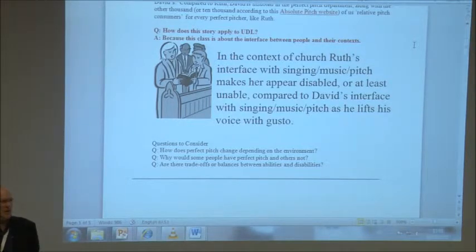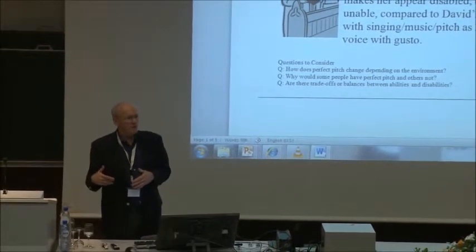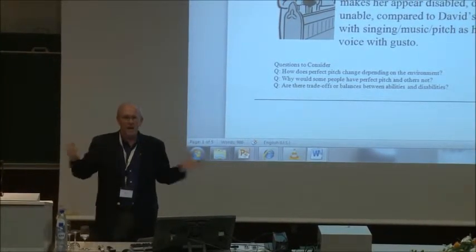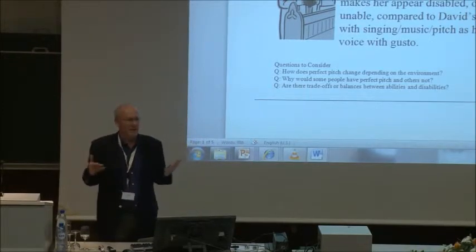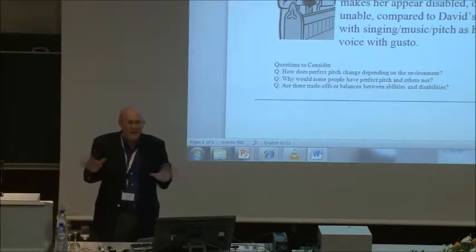And David talks about his going to church. And he loves to sing. And he loves to sing quite loudly. And his wife, Ruth, is next to him. And there are a lot of people in church who are also singing quite loudly, most of them off-key. And for Ruth, it's a torment, because she hears all this bad singing, and she sometimes has to leave because she can't block out the fact that everybody is not quite on key.